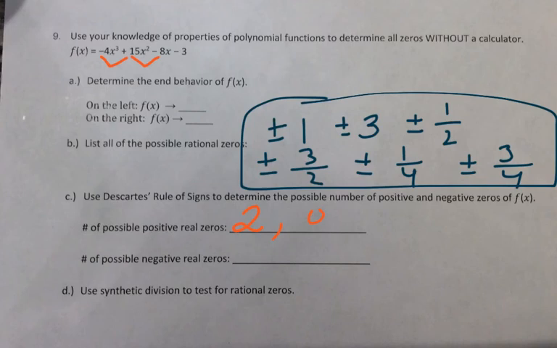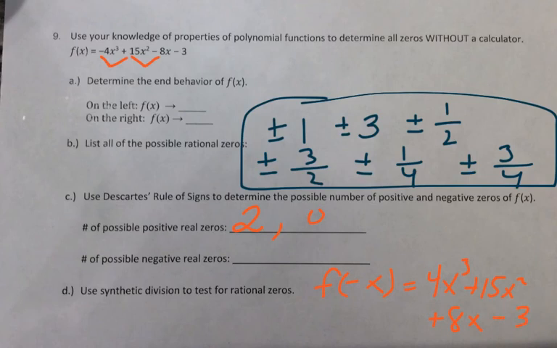Then for the possible number of negative real zeros, we need to look at f of negative x. So I'm going to do f of negative x, which is going to be 4x to the third plus 15x squared plus 8x minus 3.